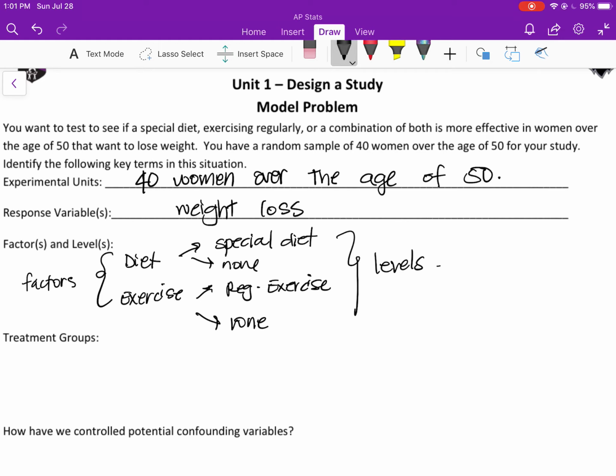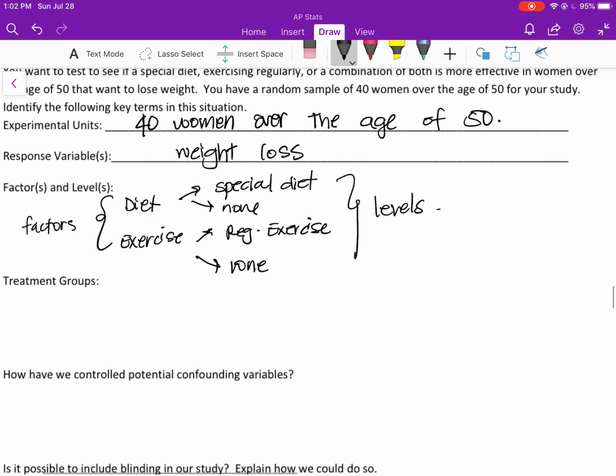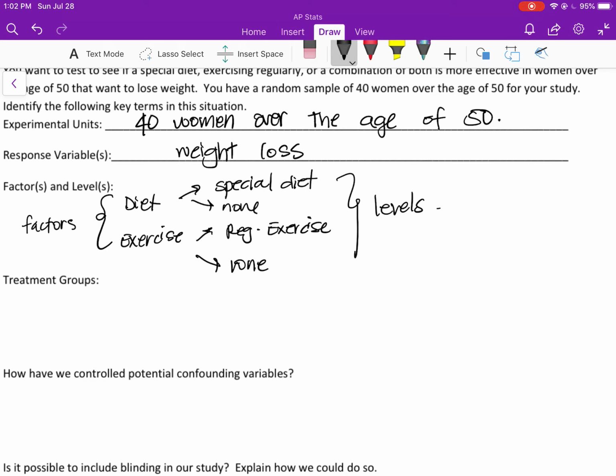So these are the combinations of treatment that we're going to be given to these people. So for the treatment groups, right, this is really easy. You basically just go down the tree, right? So you're going to have a special diet and regular exercise, a special diet and no exercise.